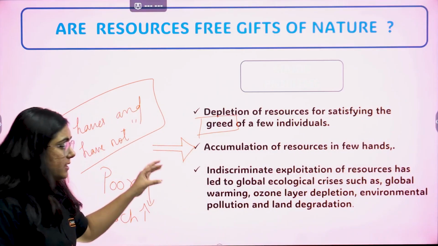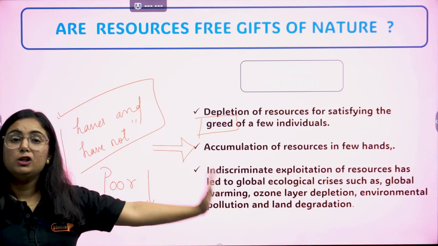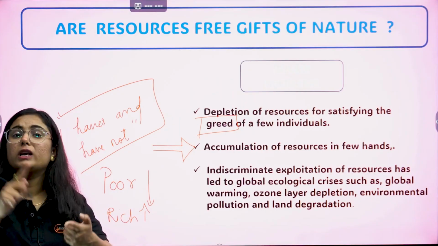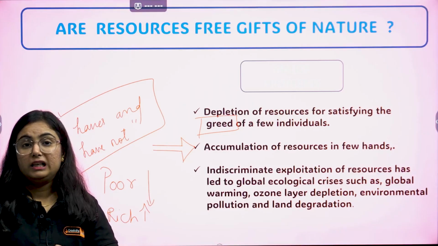Not only this, indiscriminate exploitation of resources is giving us an ecological crisis. Our environment is also giving us a slap, saying you are using me indiscriminately, I will pay back.